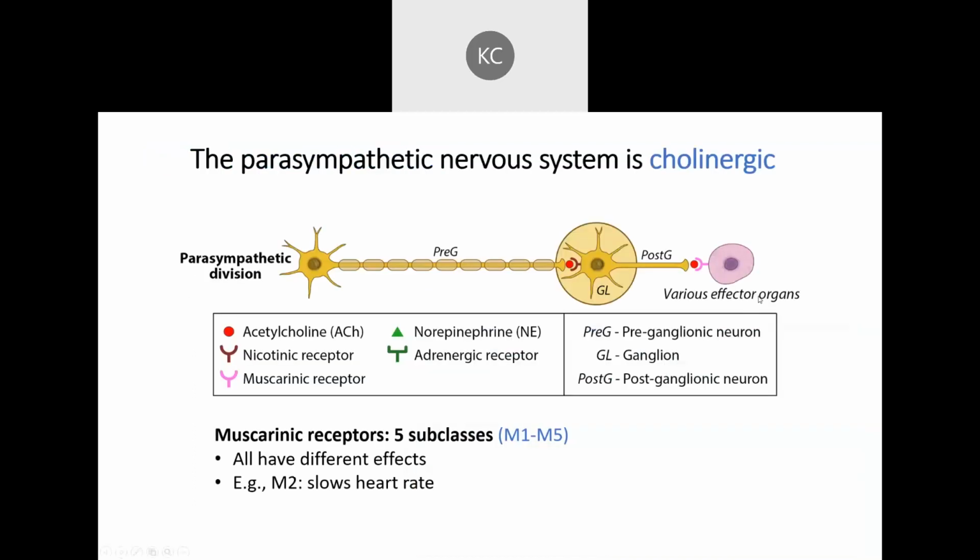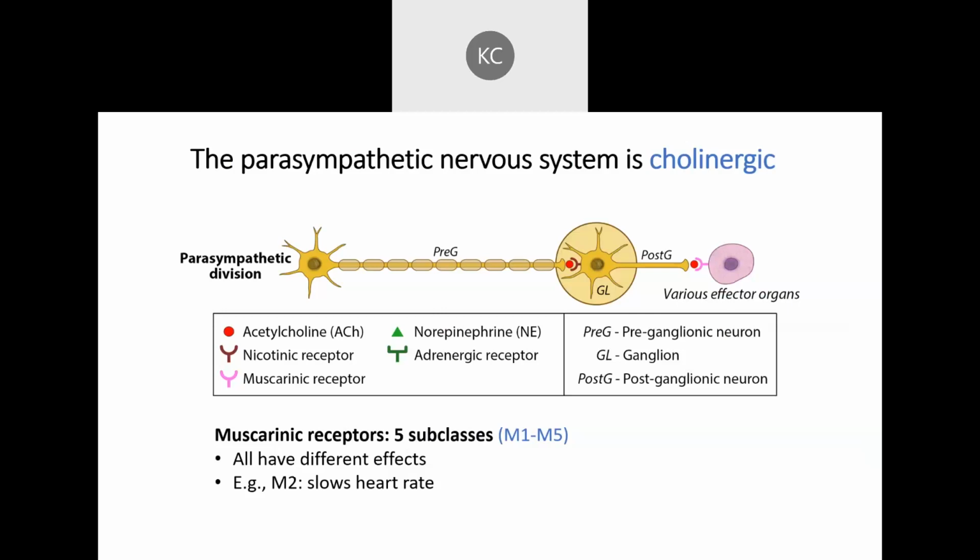So if we look at these in terms of some structure, the muscarinic receptors, the ones that we just did, we said that those are metabotropic. So they're responding to acetylcholine by activating a second messenger or a G protein. You can find these on target tissues that are innervated by the postganglionic neurons of the parasympathetic nervous system.